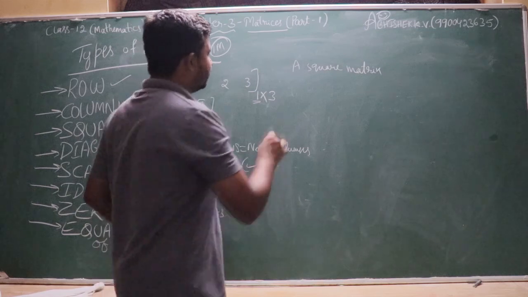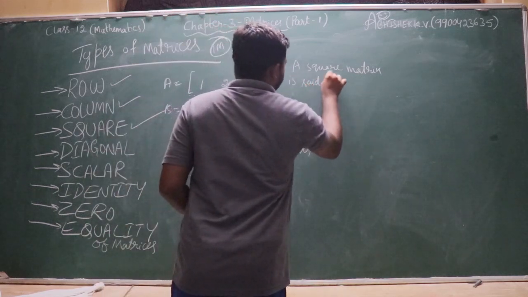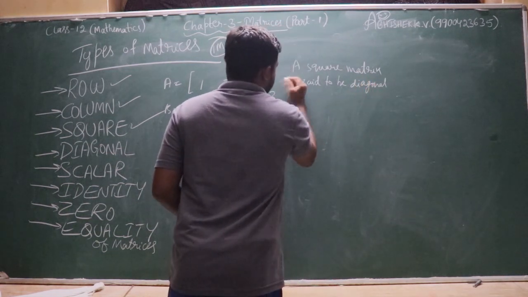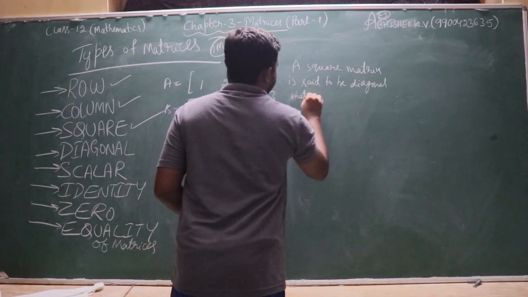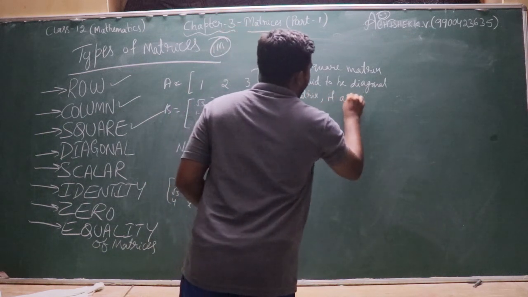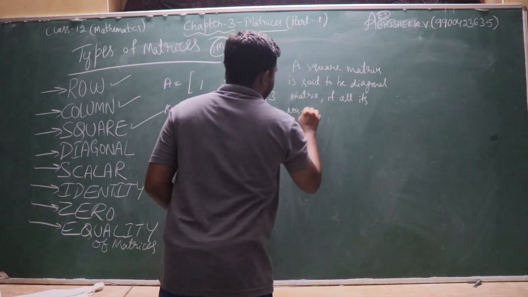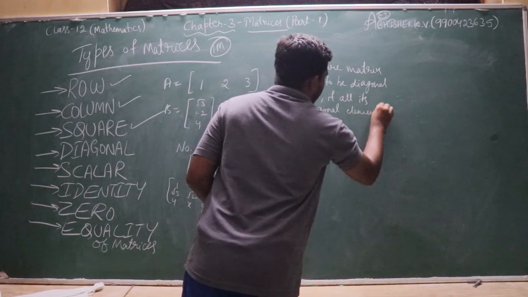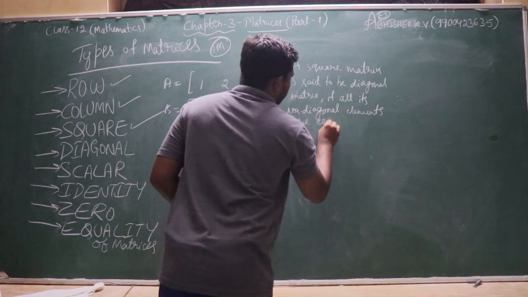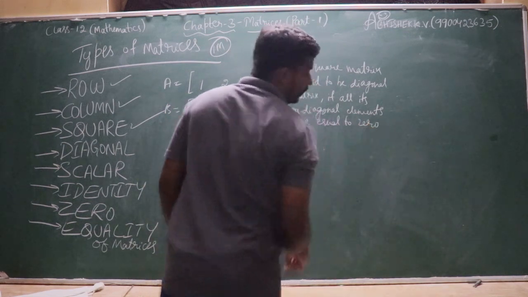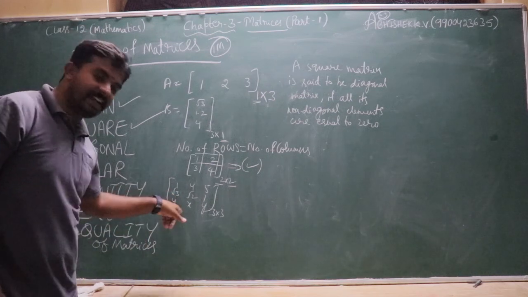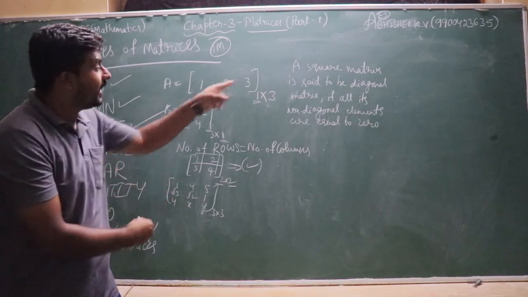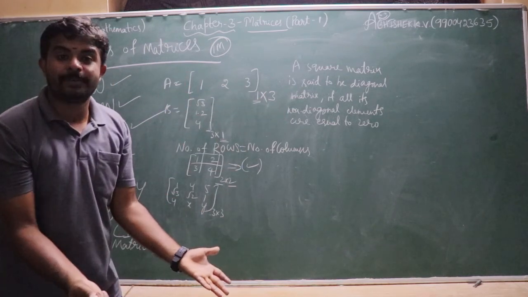Therefore, a square matrix is said to be a diagonal matrix if all its non-diagonal elements are equal to 0. My question is, is it a diagonal matrix? No. A square matrix, yes, it is a square matrix. It is said to be a diagonal matrix if all its non-diagonal elements are equal to 0.